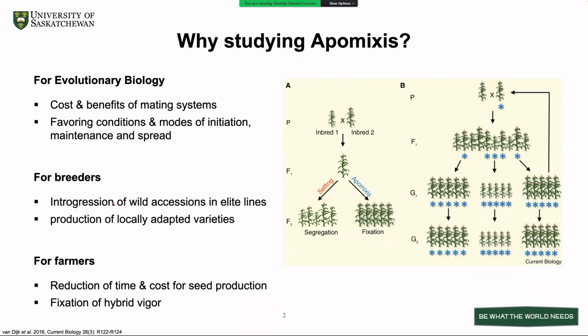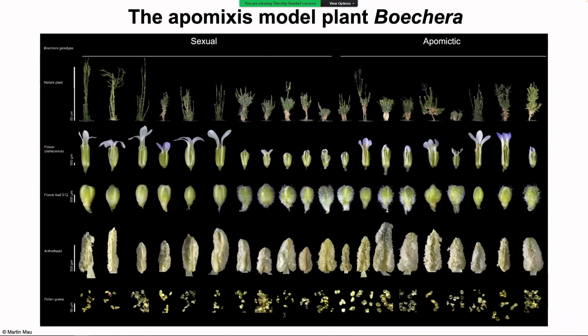It really is all about speeding up breeding and producing locally adapted varieties, and the introgression of complex genetic traits and fixing those traits in crops. And for farmers, there's the reduction of time and costs for seed production and really the fixation of hybrid vigor. So this is a true future breeding technology that is needed everywhere.